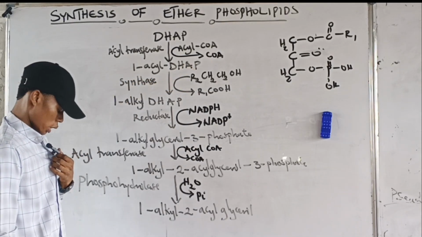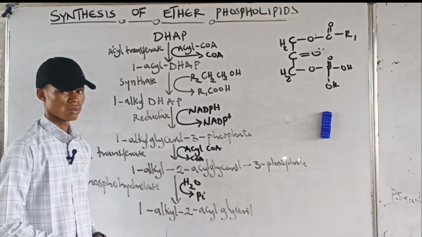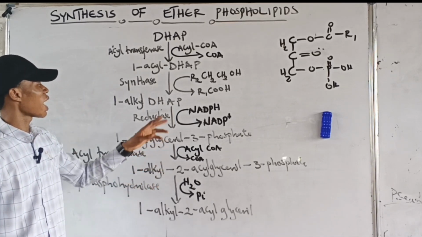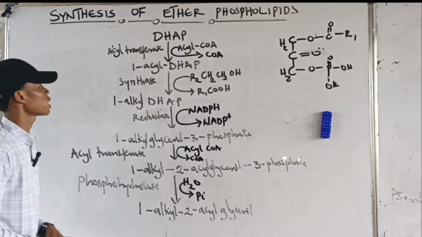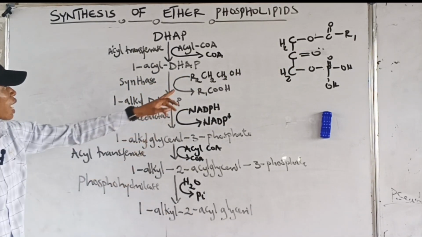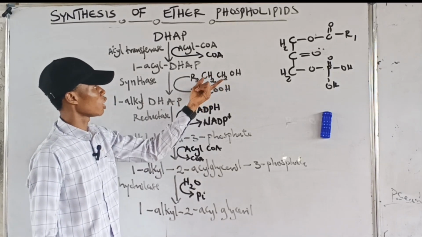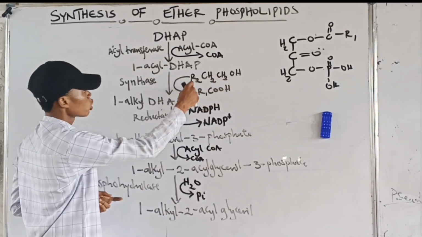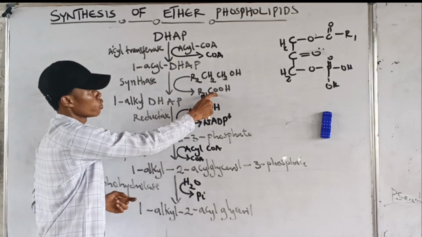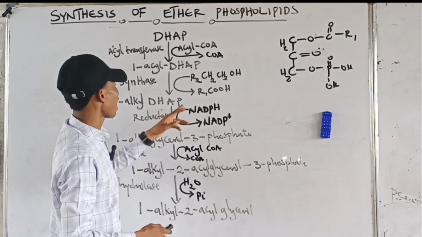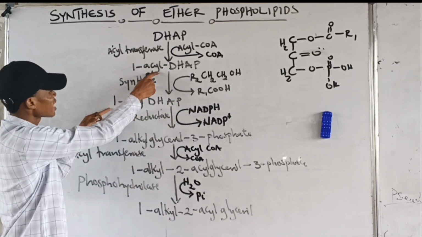The next thing is we are going to bring in an alcohol to replace this carboxylic acid on carbon 1. If you check very well, this is a long chain alcohol. So the alcohol will come in and the fatty acid we added in the first step will be removed. So if I bring in an alcohol now, what I'll be having is not 1-acyl again.